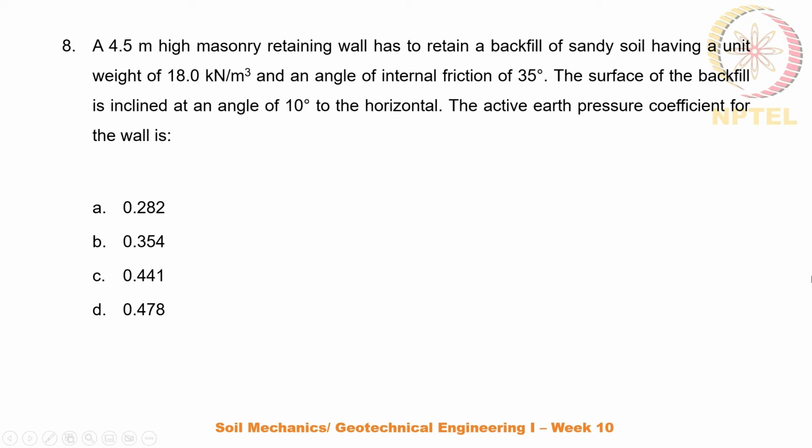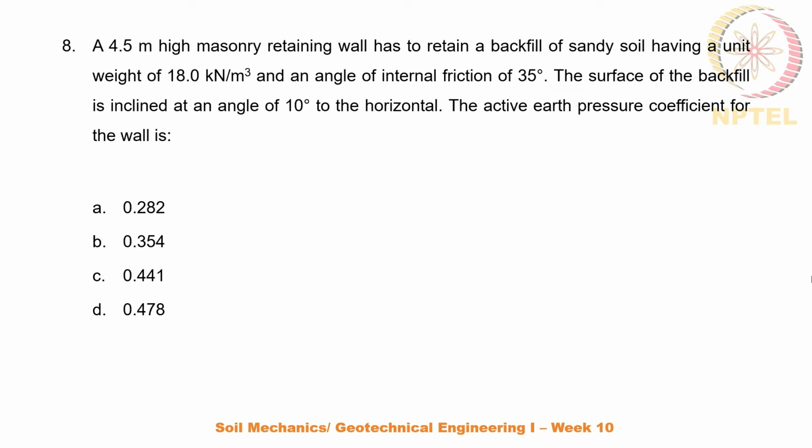So here in the question we have a masonry retaining wall of height 4.5 meters. It is retaining a backfill of sandy soil with angle of internal friction 35 degree and unit weight 18 kilonewton per meter cube.